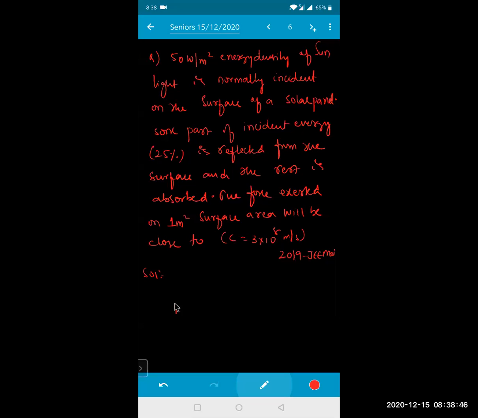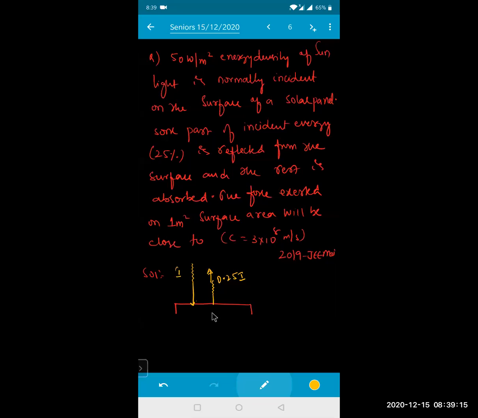Let us take a solar panel. On this solar panel, we have incident a ray of light like this. And this is your intensity, which is equal to power by area. Power unit is watt. In this, a certain amount is reflected back in the upward direction. How much amount is reflected? 25% of I.